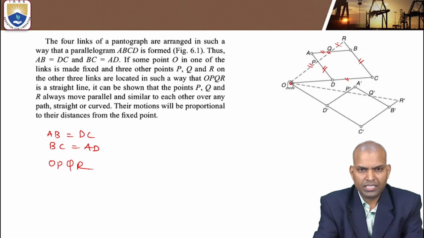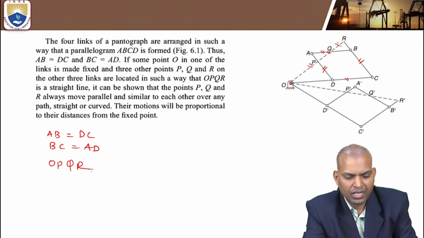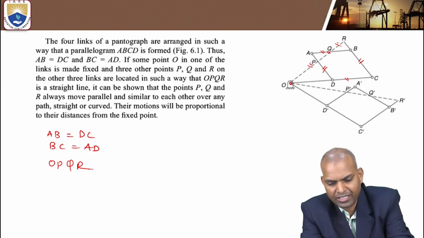O is the point on one of the links, and P, Q, R are the points on other links, in such a way that the location of OPQR is a straight line.